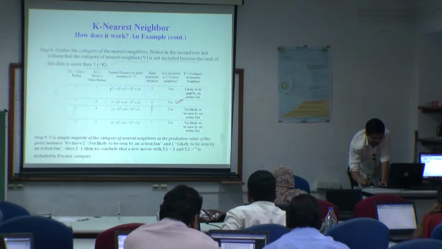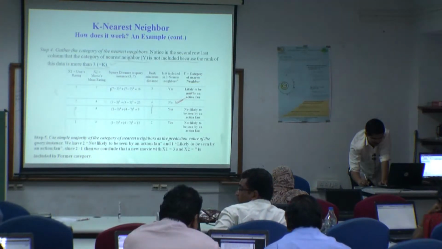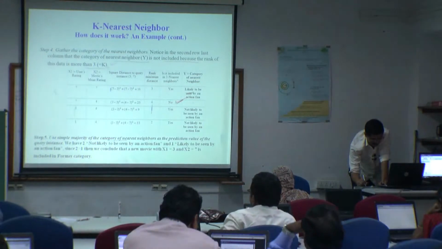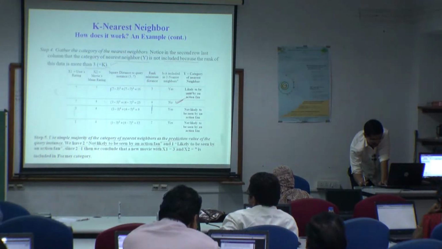So here it uses the majority category of the nearest neighbors as the prediction value of the query instance. We have 2 not likely to be seen by an action fan and 1 likely to be seen by an action fan. Since 2 is greater than 1, this is not likely to be seen by an action fan.